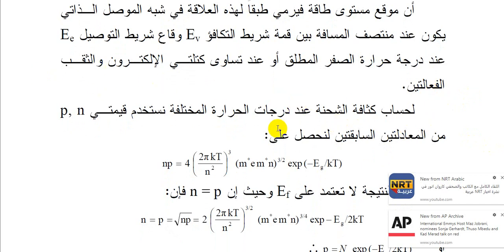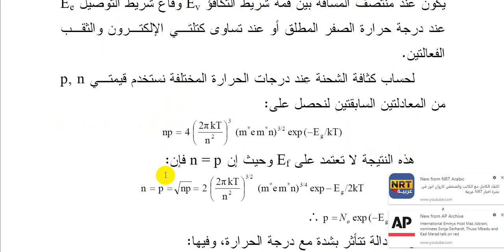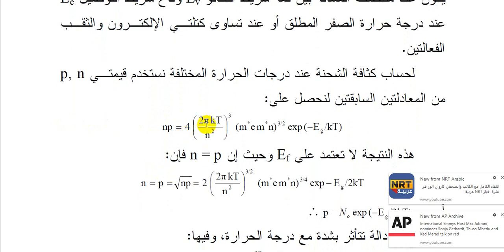To calculate charge density at a variety of temperatures, we can use the values of P and N from the former equations to get np. This law must be memorized: np equals 4 (2π kT over h squared) cubed times (m effective e times m effective h) to the 3/2, times exponential of minus Eg over kT.